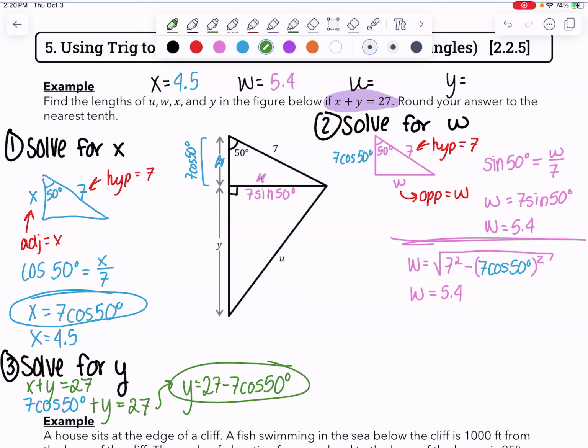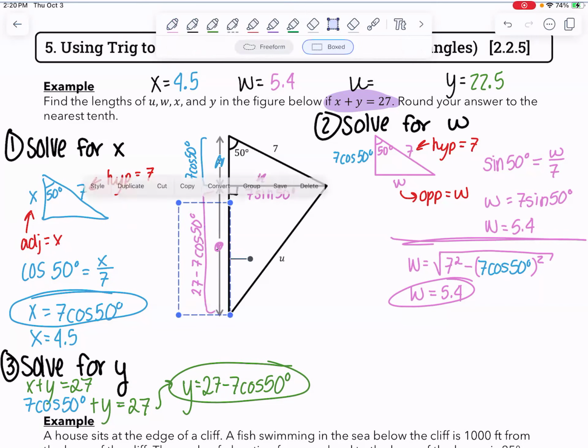Plugging that in your calculator, you're going to get 22.5. All right, now we have U. So this distance here is 27 minus 7 cosine of 50 degrees. Oops, and that should have been in green.